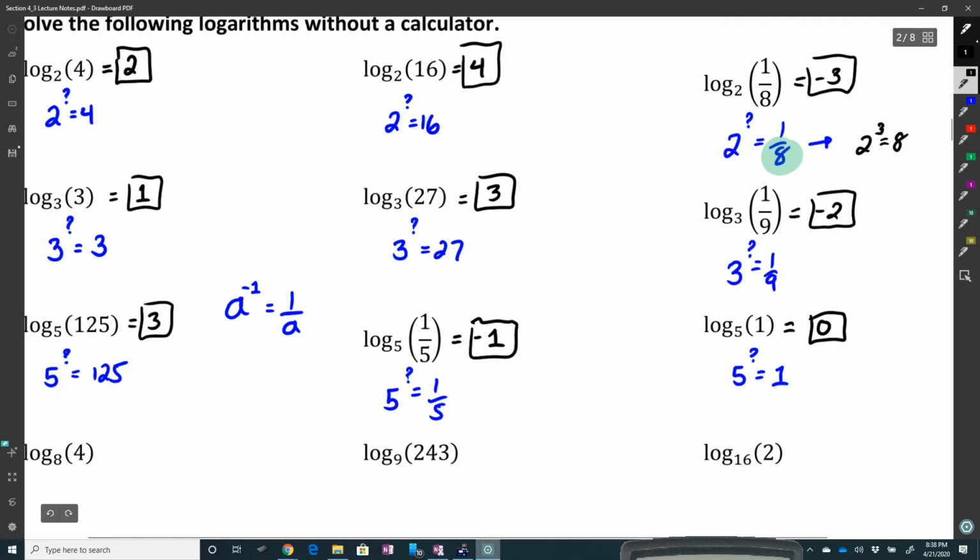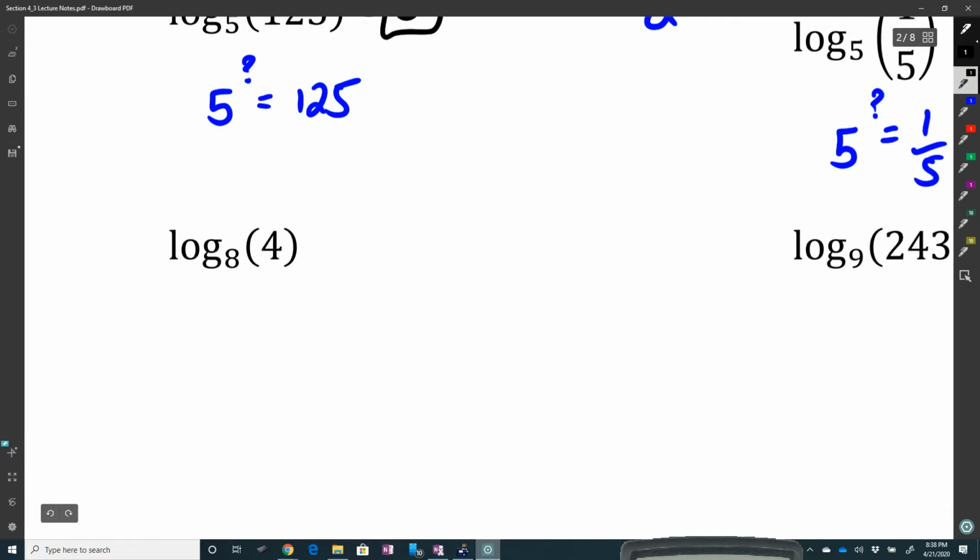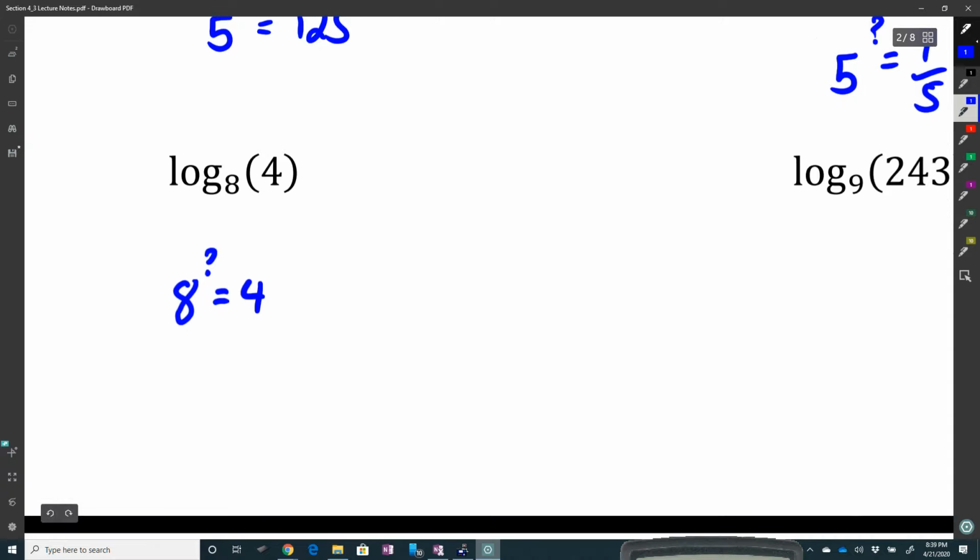Okay? So doing these mental logs hopefully isn't too bad. I'm trying to de-scarify it. Sometimes you'll get some that are nasty, like this one. 8 to the what is 4. But if you ever run into that, you can actually make it into its own little problem. I know 8 is 2 cubed.